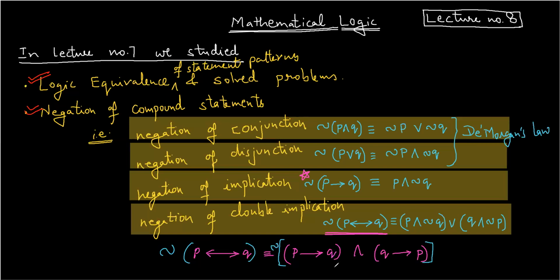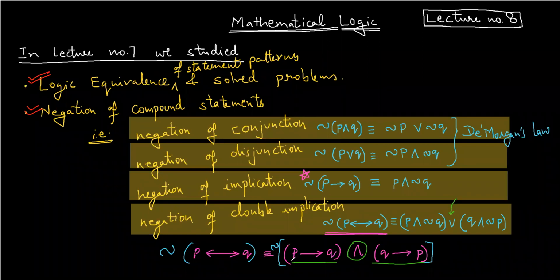Now you know that here you have a conjunction of P implies Q and Q implies P. When you write the negation of a conjunction, first of all you get a disjunction.